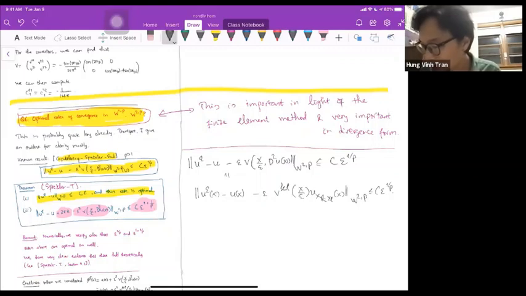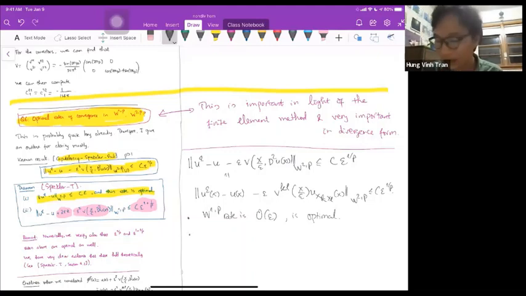So W1P rate is O epsilon and is optimal. And if you subtract the correction terms, then you have a better rate, right?